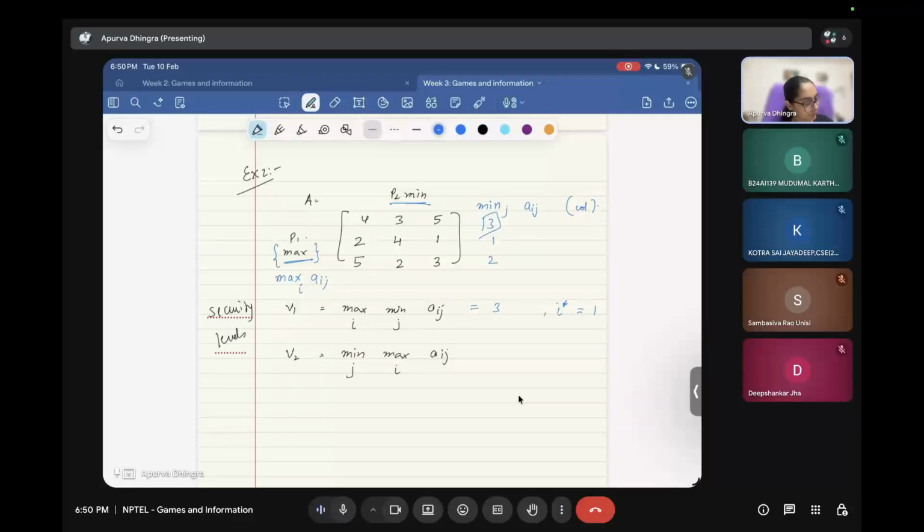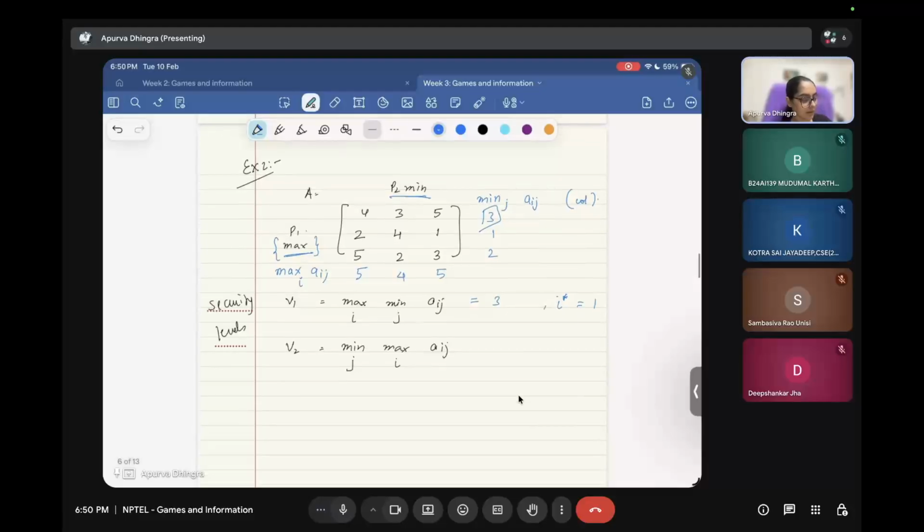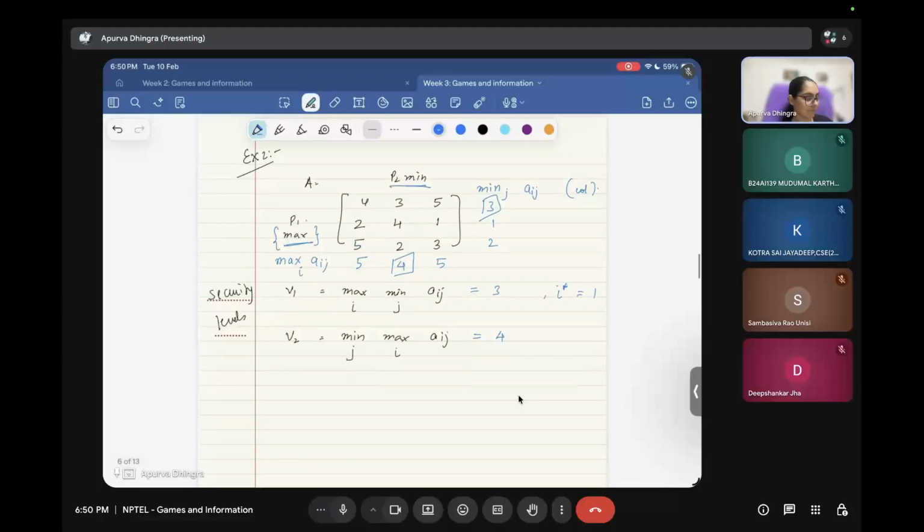So the maxima here would be 5, 4, and 5. And this player wants to ultimately minimize. So he's going to choose the minimum of these values, which means he's going to choose 4. So j star is equal to 2 here.